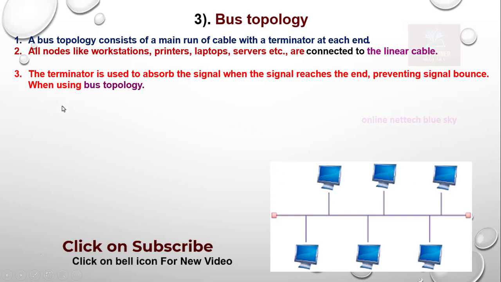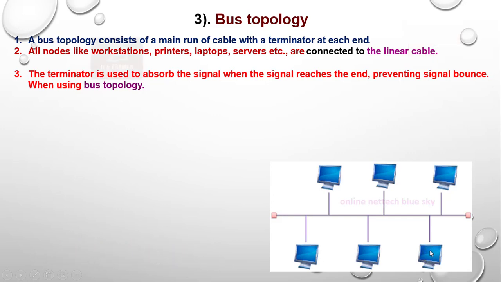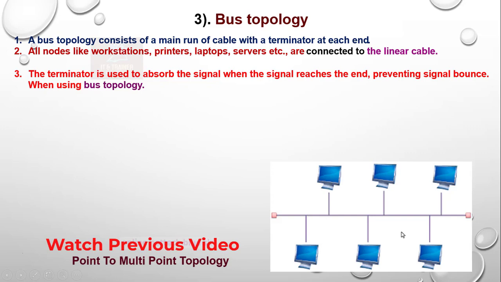The terminator absorbs the signal when the signal reaches the end. If this computer sends a file in any direction to another PC, the data goes through the main cable.